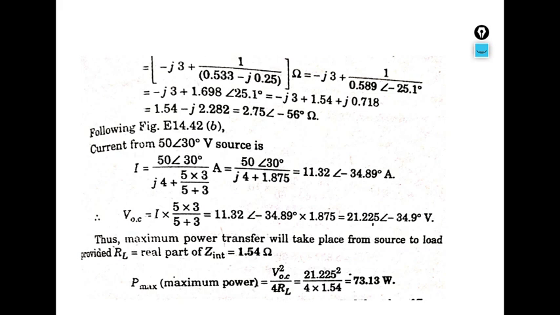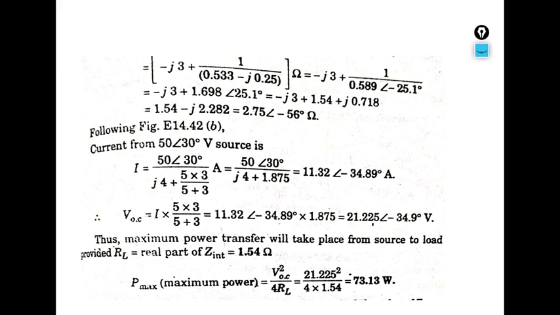The reciprocity theorem problems we have also done, and Millman's theorem we have also solved. Now, for the maximum power transfer theorem, we have seen the different conditions. If we know the source and load data, then we can say when the maximum power will be transferred.